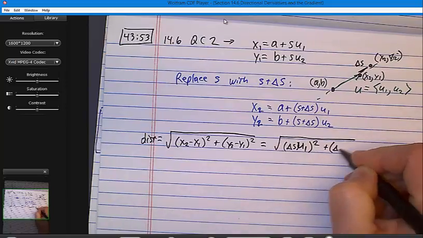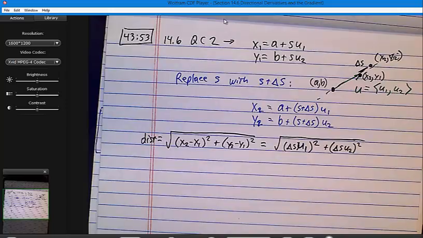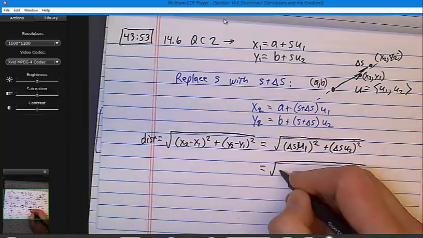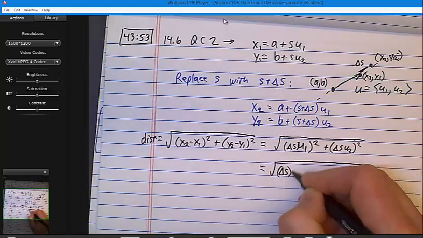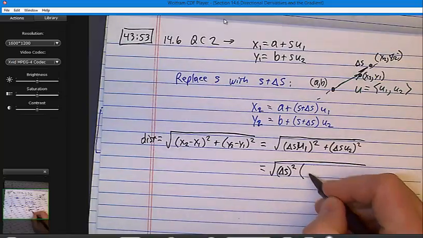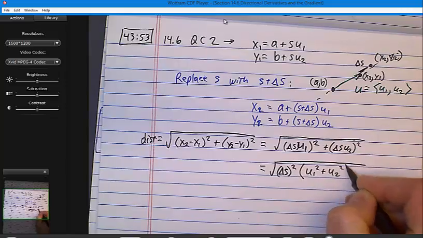And here I have delta SU2, that's being squared. Right? So we can factor something out. We can factor out delta S squared. And what are we left with? Yep, u1 squared plus u2 squared.